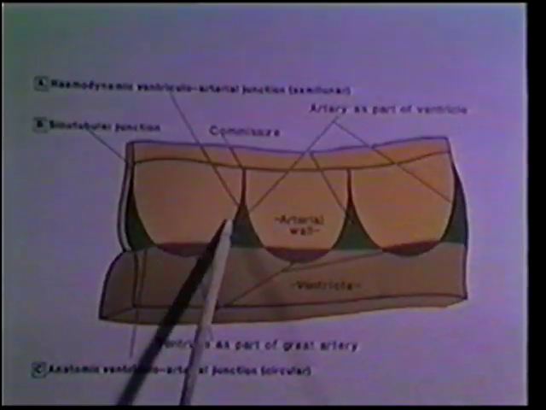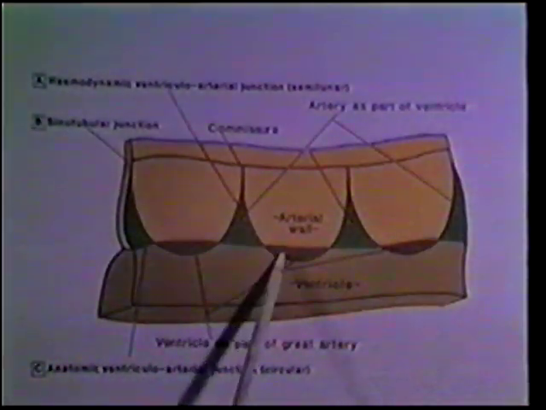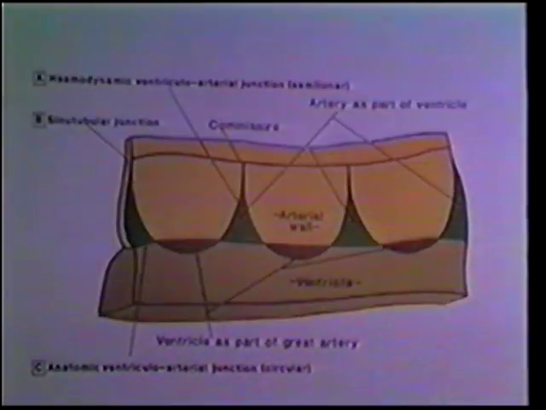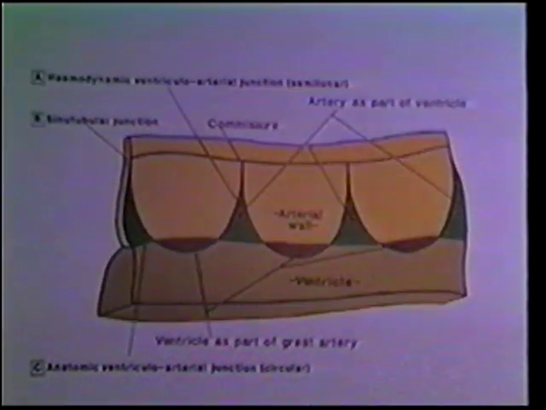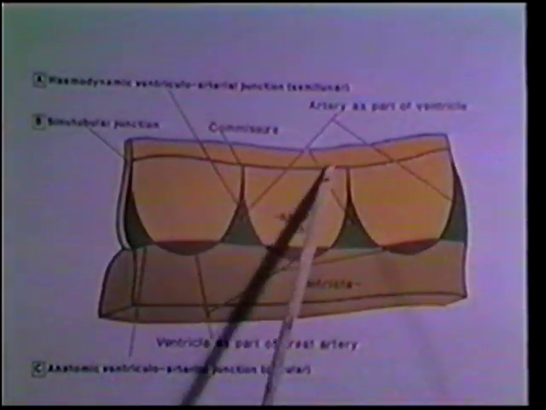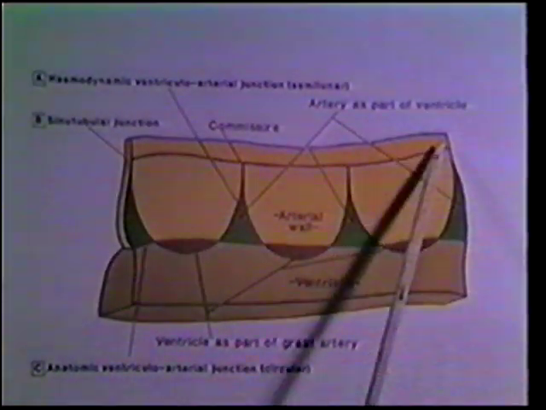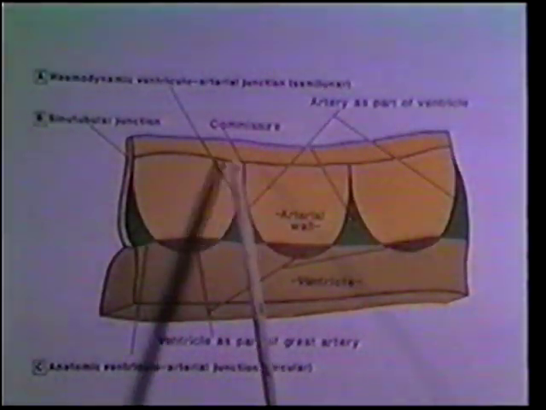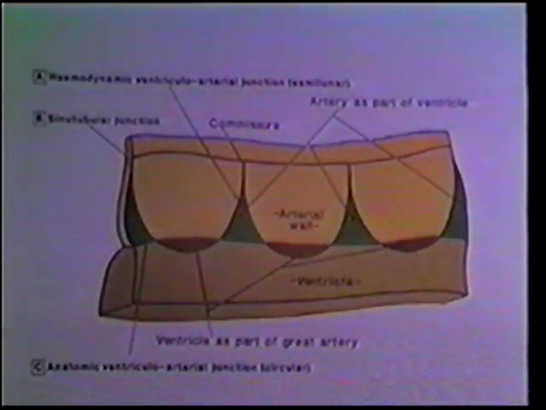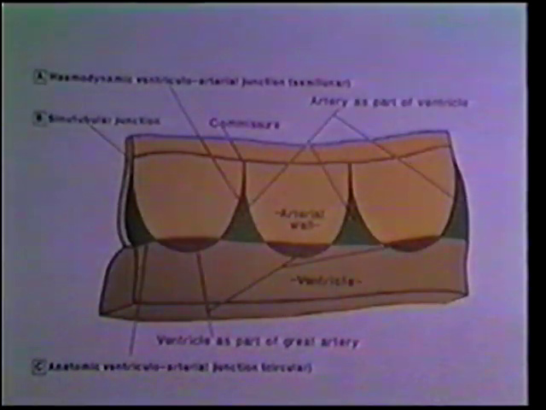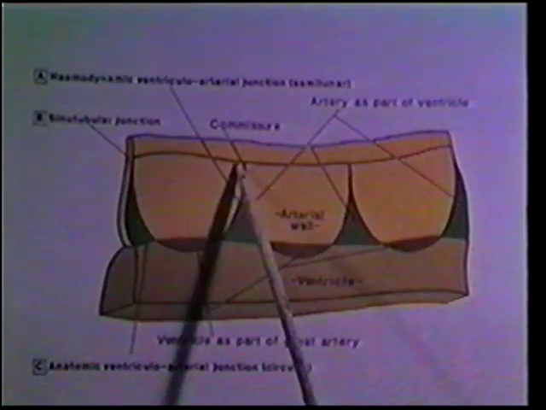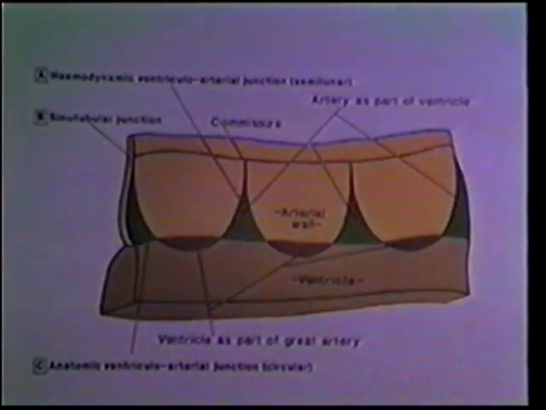ventriculo-arterial junction, that is traced by the semilunar attachments of the arterial valve. Another being the sinutubular junction, that is a line or a level which can be drawn joining the apices of the three interleaflet triangles at the level of the peripheral attachments of the commissures.